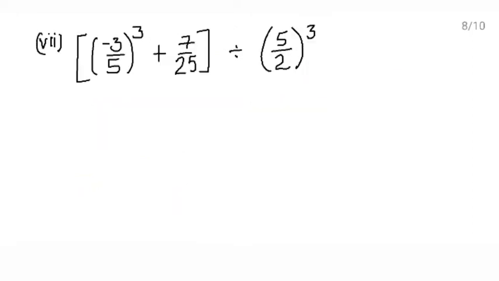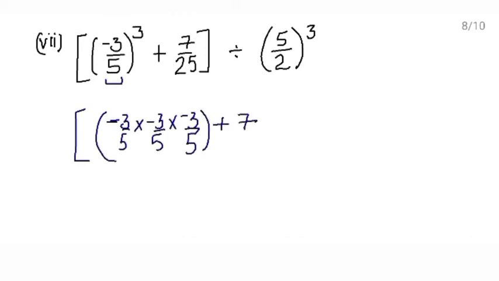Next part, according to BODMAS, firstly you will solve this bracket. So solve it here. Minus 3 upon 5 raised to the power 3. It means minus 3 upon 5 will be multiplied by itself 3 times.